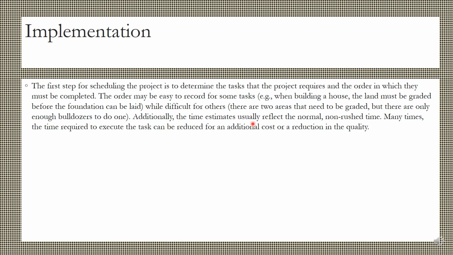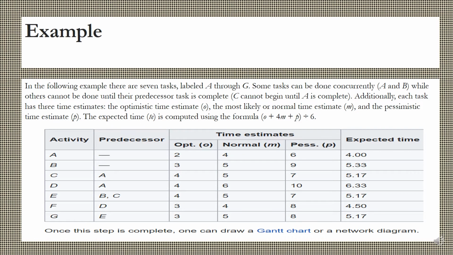Additionally, the time estimates usually reflect the normal, non-rush time. Many times, the time required to execute the task can be reduced for an additional cost or a reduction in quality. We can take this example here and you'll be able to understand it much better.